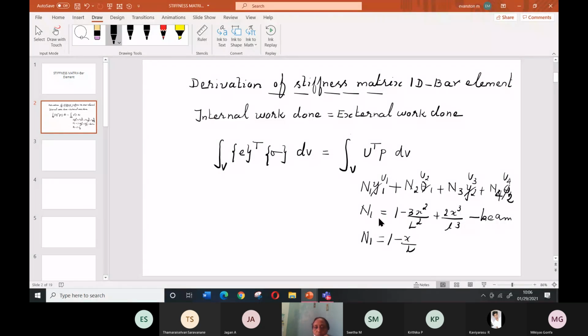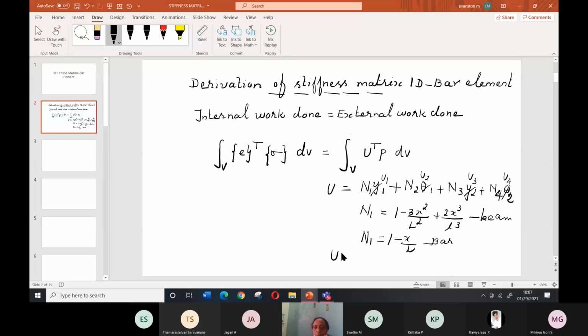What you have to remember is that I can take this as u. U is equal to N1 into u1 plus N2 into u2 plus N3 into u3 plus N4 into u4, for the beam element. Commonly we take N1, N2, N3, N4 as N, and u1, u2 and so on as u star.